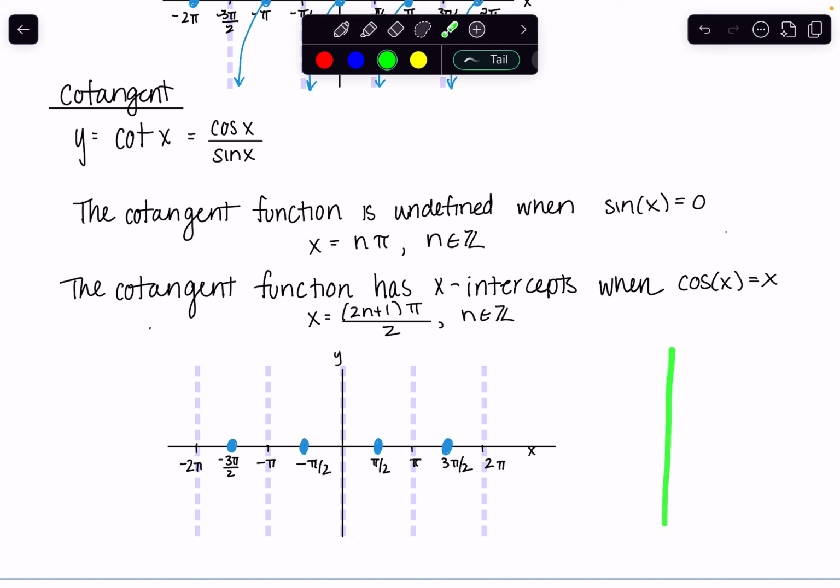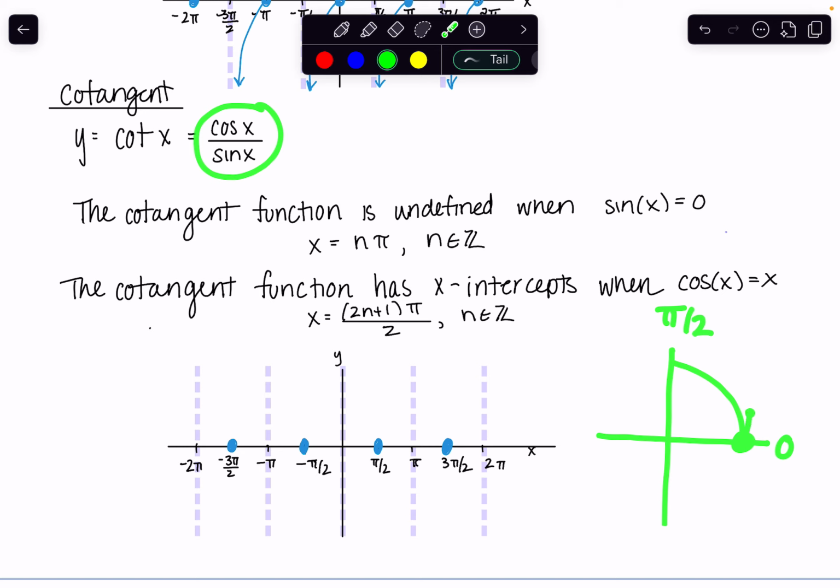So if you think now about quadrant 1, that's from 0 to pi over 2. Because of the way cotangent is defined in this part, we have cosine divided by sine. So around here, your cosine is 1, your sine is 0. So if I'm a little bit off of that, my cosine is still close to 1, sine is close to 0.